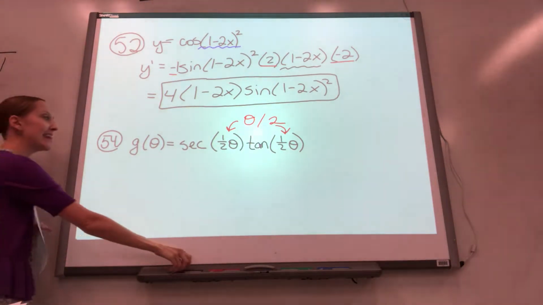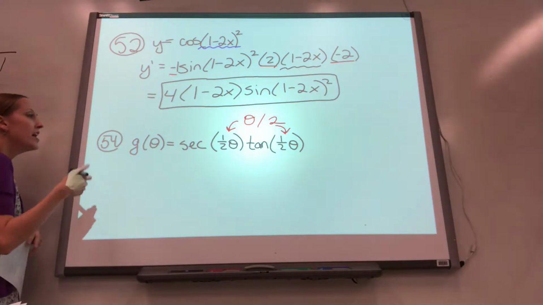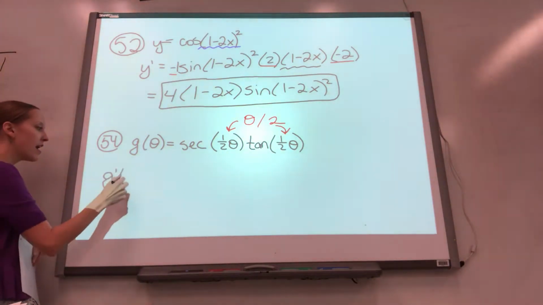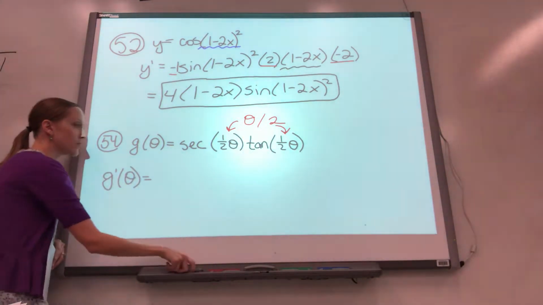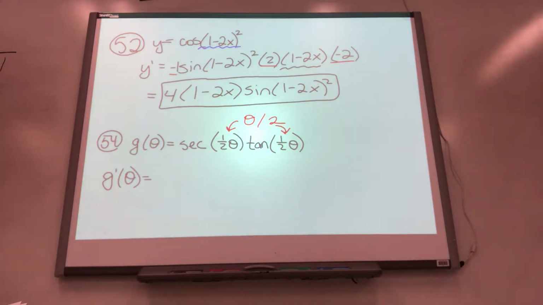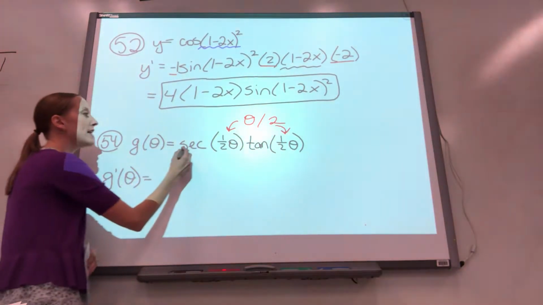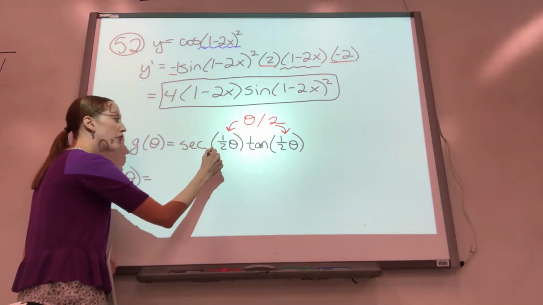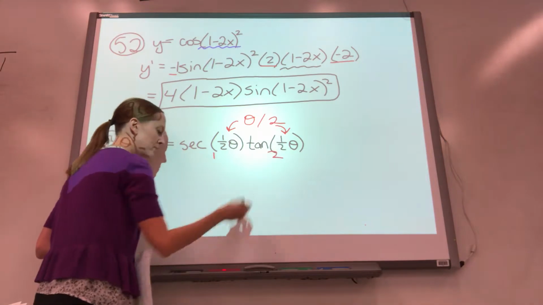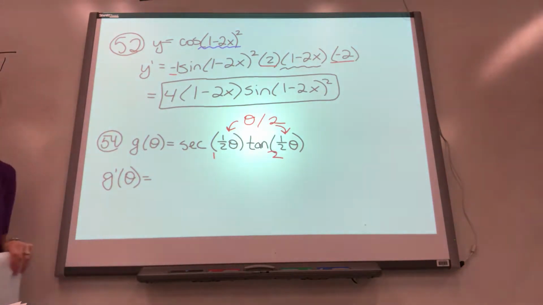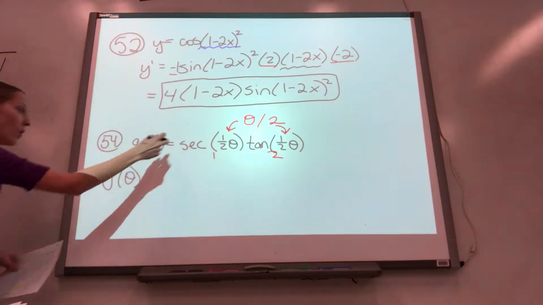Theta is like the x here. So when I go to find the derivative of this, we had one similar to this in the notes yesterday. There is something with theta times something with theta. So I start this with the product rule.